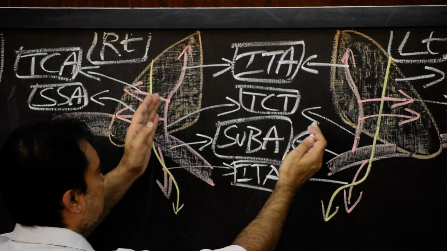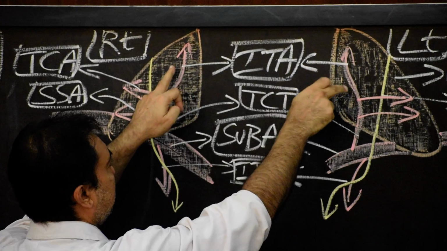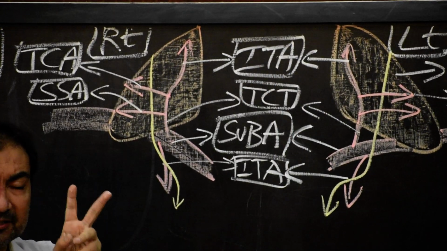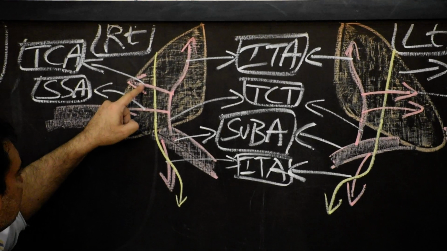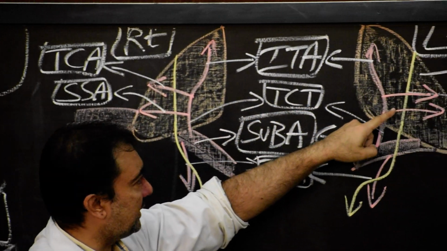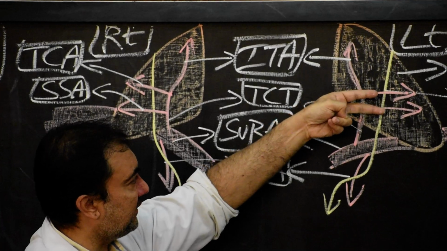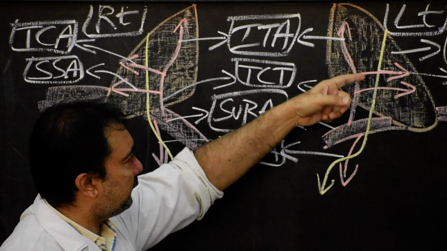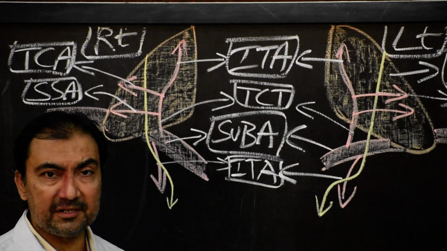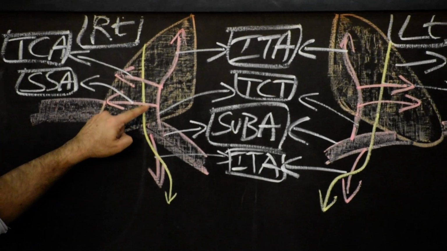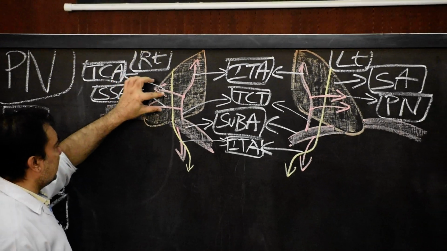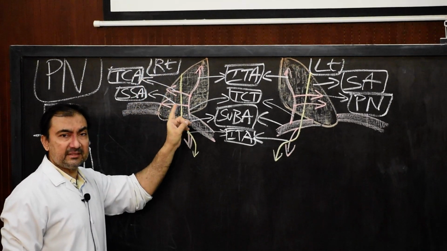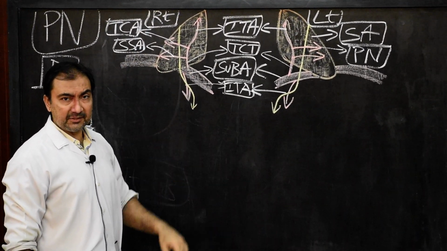The first artery runs vertically, that is the inferior thyroid artery, and the next two branches, the suprascapular and transverse cervical, will travel transversely in front of the phrenic nerve. This relation is very important. This is the diagram.